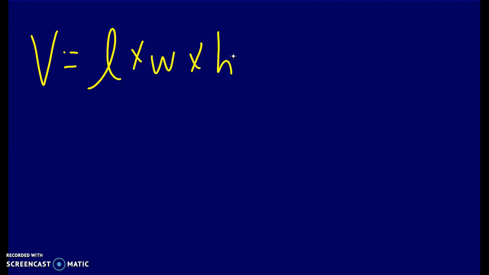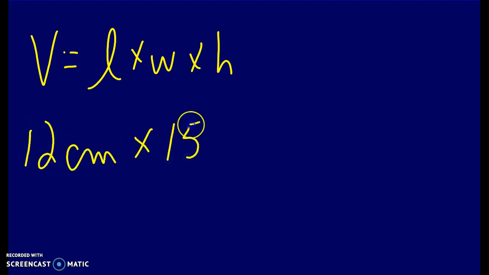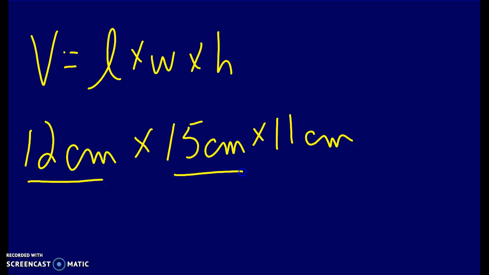So as we said, volume is length times width times height. For example, let's say we had a rectangle that was 12 centimeters by 15 centimeters by 11 centimeters. So length, width, height.